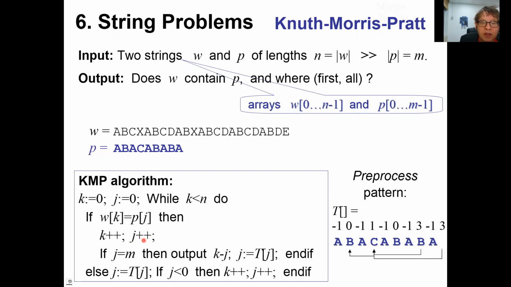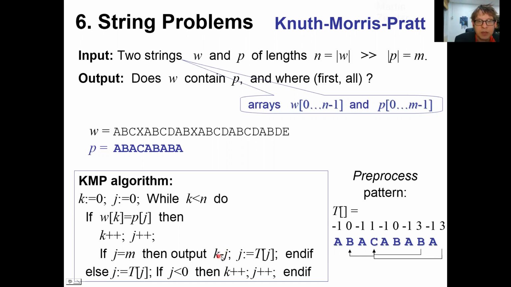And if we've arrived at the end of the pattern, if J is M, then we have found an occurrence, and we output where that occurrence started. We're already at the end of the occurrence, so we should subtract the length of the pattern in order to output the starting position of the pattern in the string.